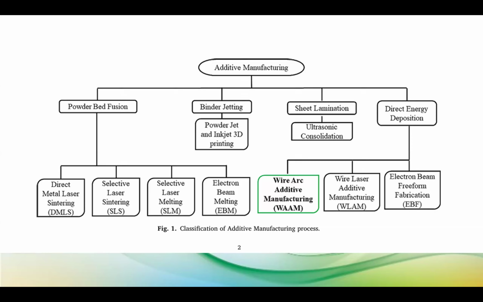As the diagram shows, it comes under the direct energy deposition method. The parallel methods which are considered as direct energy deposition are wire laser additive manufacturing and electron beam fabrication. So these three are normally considered direct energy deposition methods.